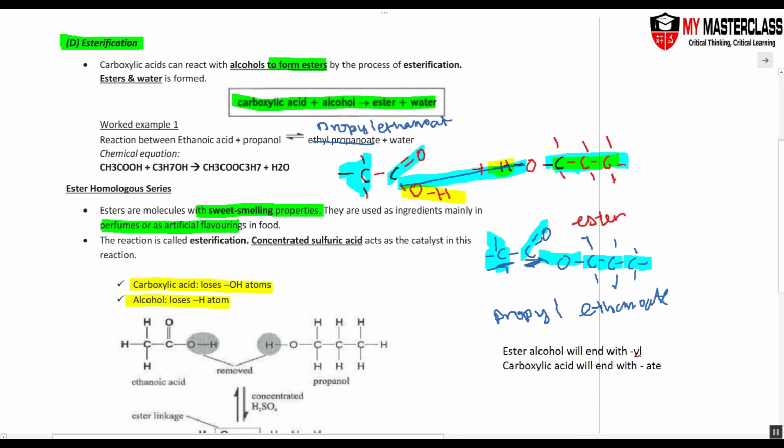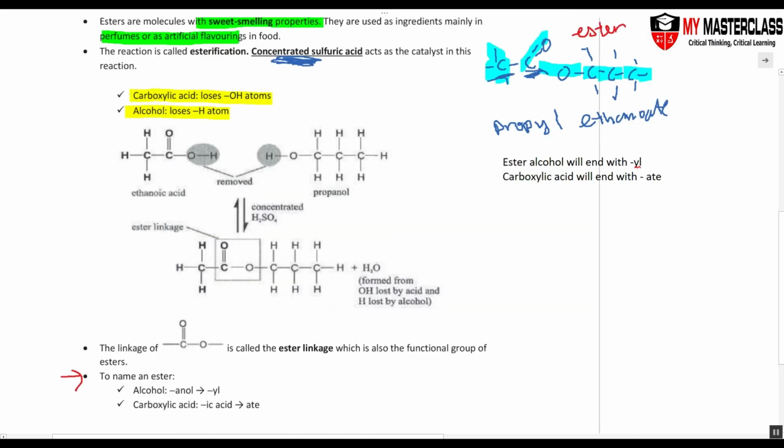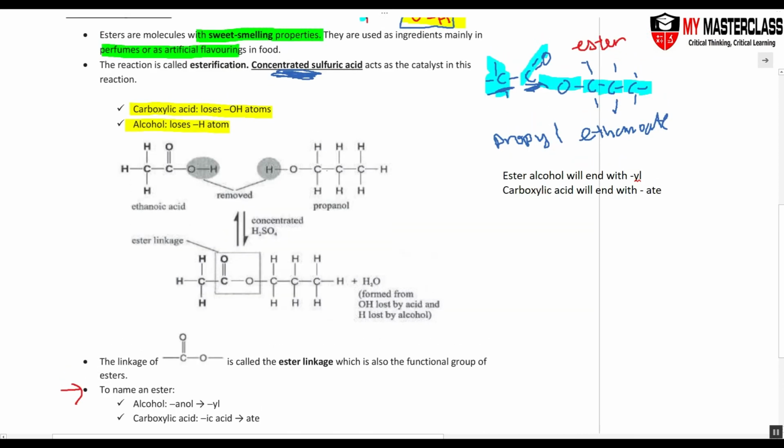Remember the parts that were highlighted in yellow: the OH from your carboxyl and the H from your hydroxyl dehydrate to form H2O. Since this is a dehydration reaction, your catalyst must be concentrated sulfuric acid. In this example, you have your propanol and your ethanoic acid. The OH is removed from the carboxylic acid, H is removed from the alcohol.